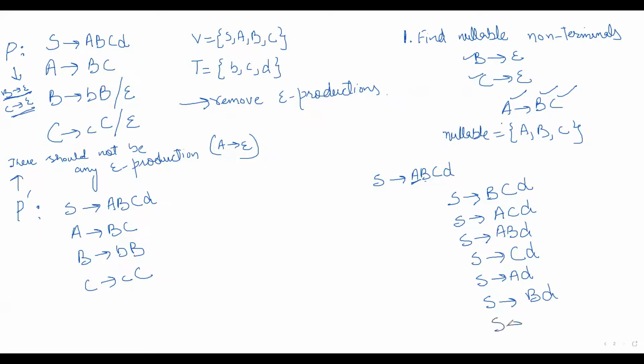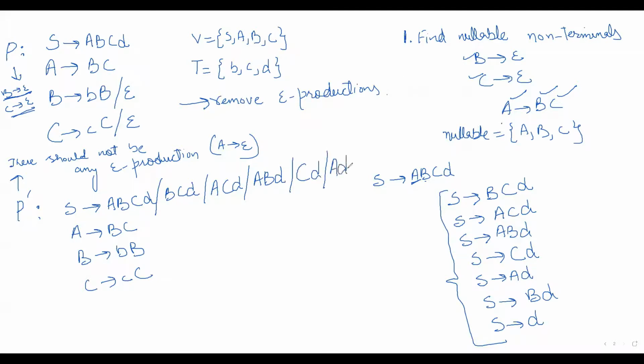It will be D. So these are the additional productions that we have to add. One is BCD. Another is ACD. Another is ABD. Another is CD. Another is AD. Another is BD. And another is D.